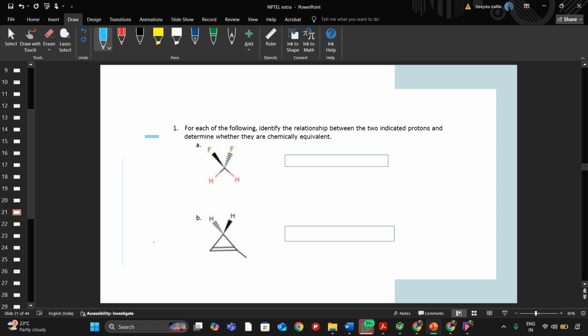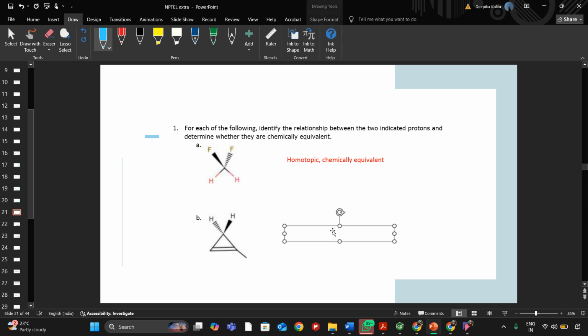For each of the following, identify the relationship between the two indicated protons and determine whether they are chemically equivalent. So, for the first molecule, they are actually chemically equivalent, and these two will be called homotopic.